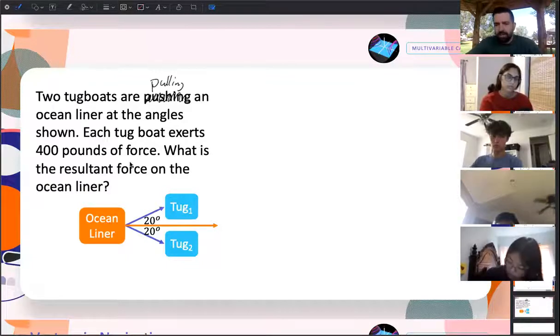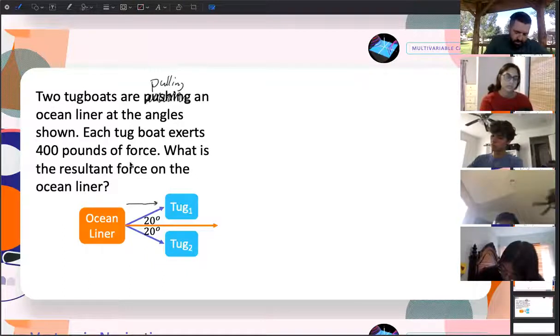But that's not happening because remember, if the tugboats are pulling at an angle like they are in the picture, part of the force they're pulling with is going this way, but part of it's also pulling out, right? It's got 2 different forces because of the angle. Some of that 400 pounds is not going in this direction, which is what we're really concerned with.